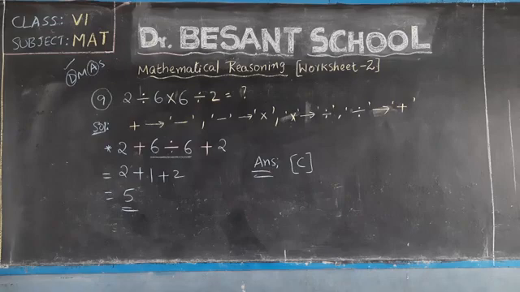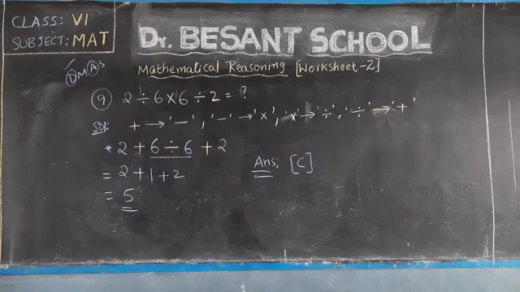So based on the question given, 2 divided by 6 into 6 divided by 2. So divided by is there. So 2 divided by is to be used as, yes, plus. So 2 plus 6. Next what is there? Into is to be used as divided by. So yeah, written divided by there. 6. Again what is the divided by 2?